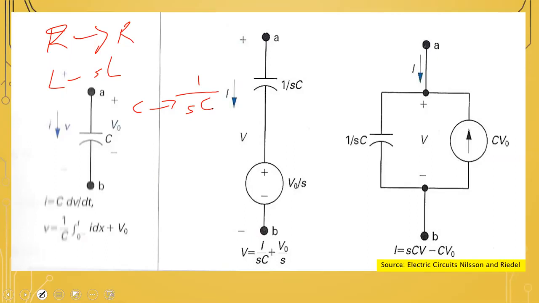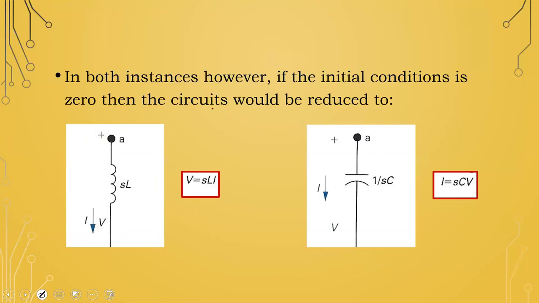Just to summarize, if the initial conditions are 0, then the circuits reduce to SL for your inductor and 1 over SC for your capacitor.